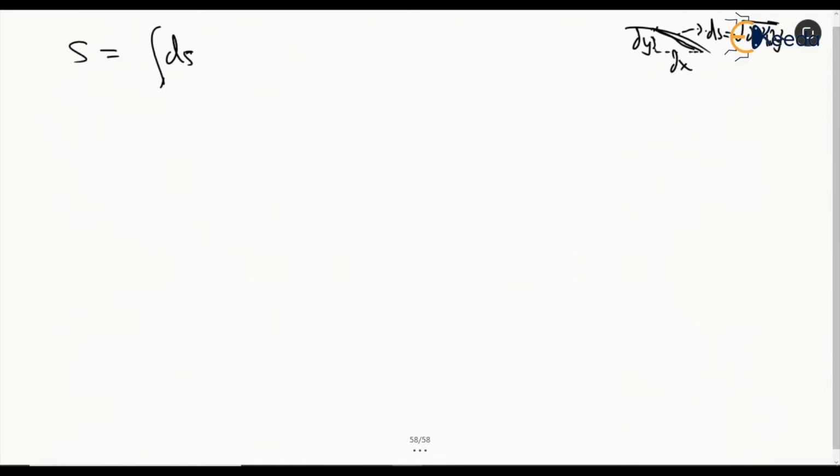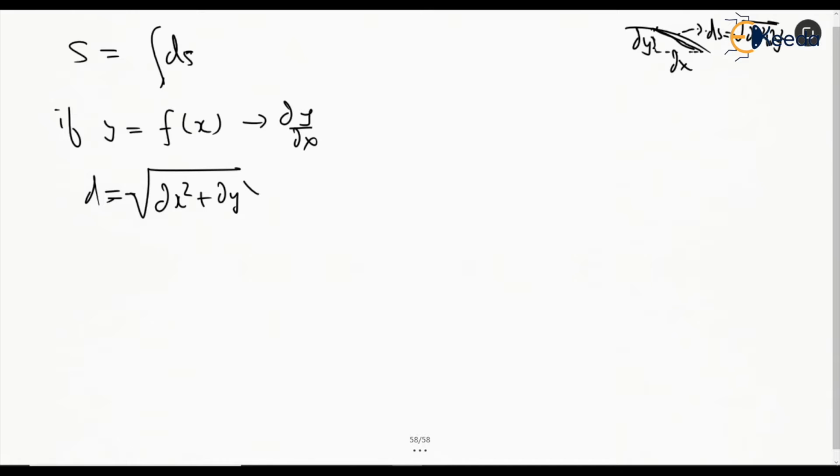So in case y is a function of x, then this ds can be given as, because in this case we can find dy by dx, instead of writing dx square plus dy square, we can write it as under root of 1 plus dy by dx square times dx.